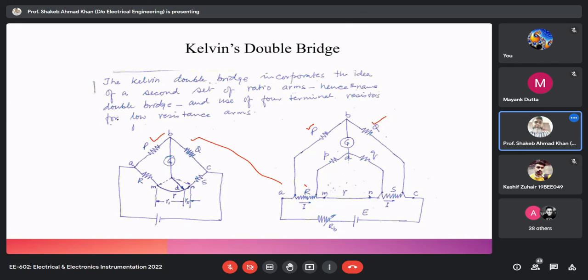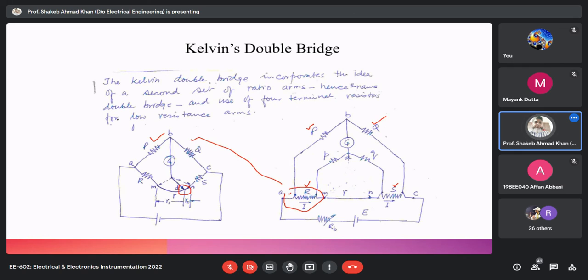These are R and S, and these are obviously small resistances, so they have 4 terminals. They have 2 potential terminals and 2 current terminals. One potential terminal is connected to P and Q, and the second set of potential terminals is connected to the galvanometer. The point of contention is point D.